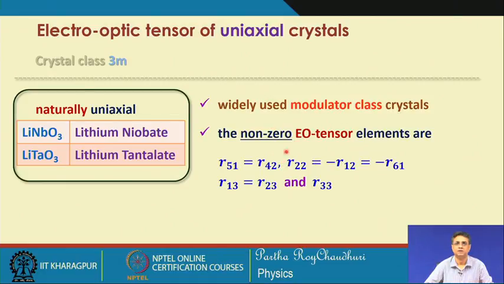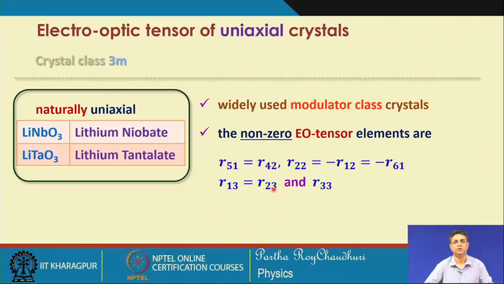There are non-zero element electro-optic coefficients, which are R51 equal to R42, R13 equal to R23, and R33. These are actually obtained from the symmetry of the crystal, and then the values were experimentally determined.